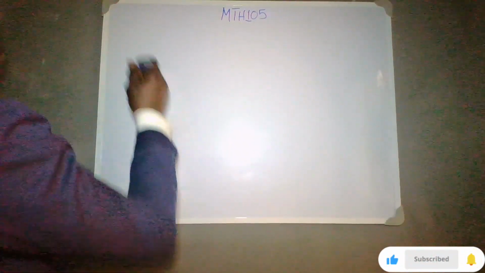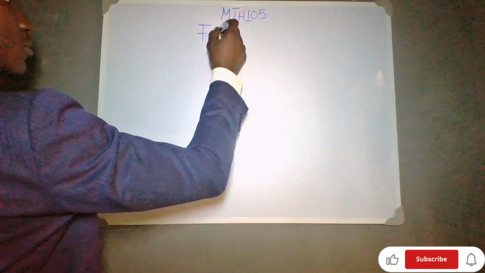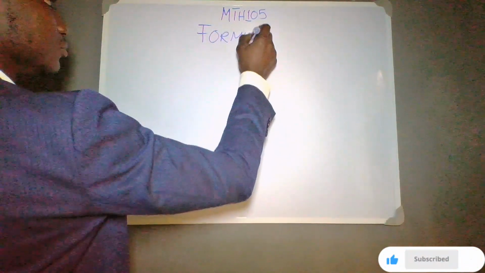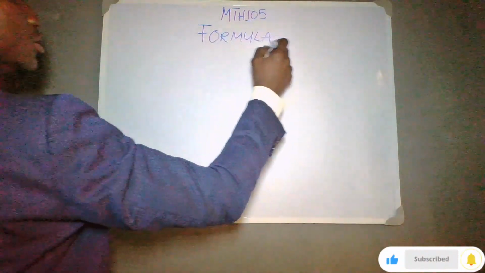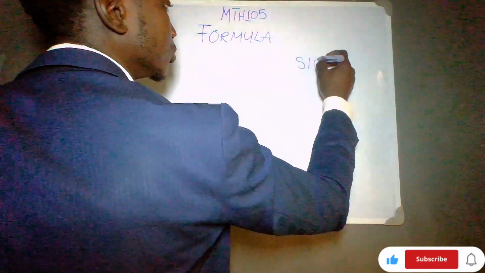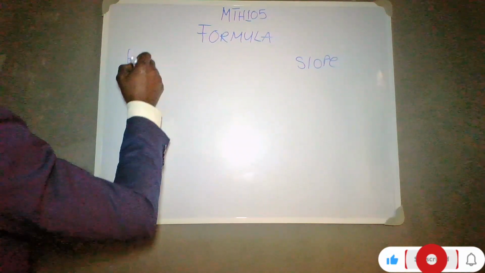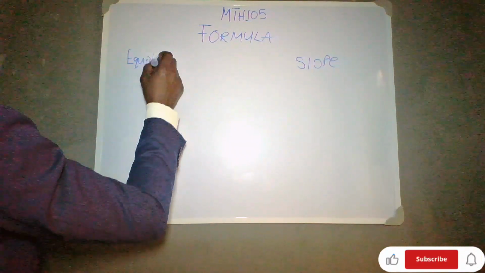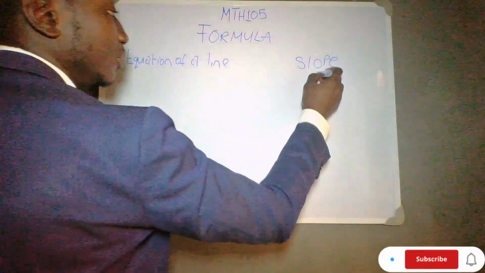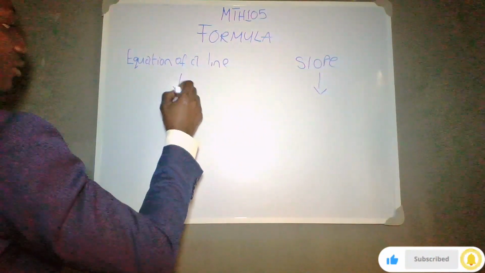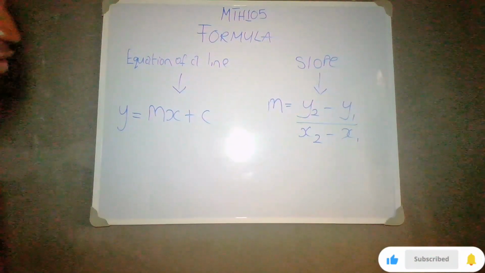So we have the formula for slope and the equation of a line.